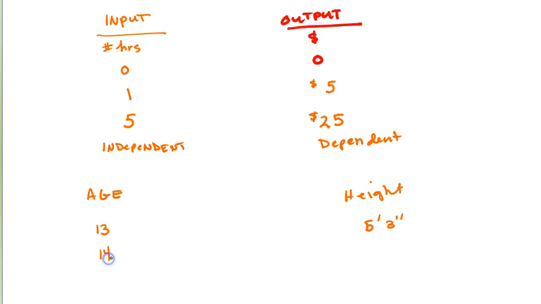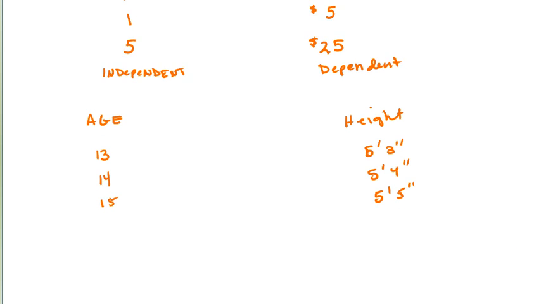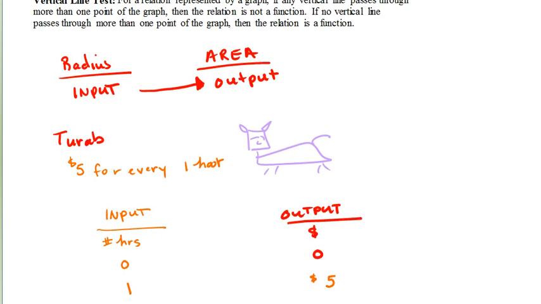At age 14, I was 5'4". 15, 5'5", and 16, 17, 18, and so on, I was 5'5", and so on. Okay. My height is dependent on the age, and I know that if someone can say an age, I can give exactly 1 output, or height. So each of these are considered relations.